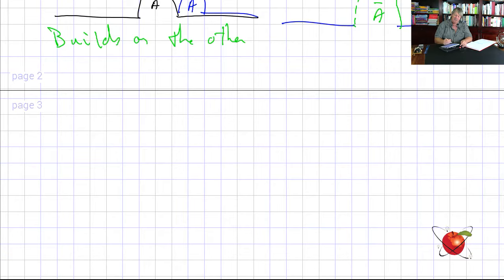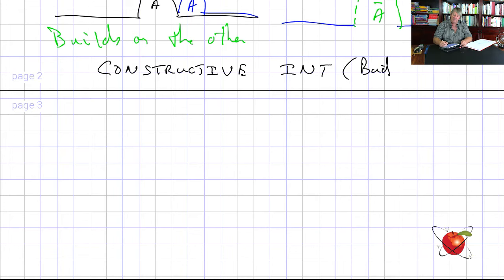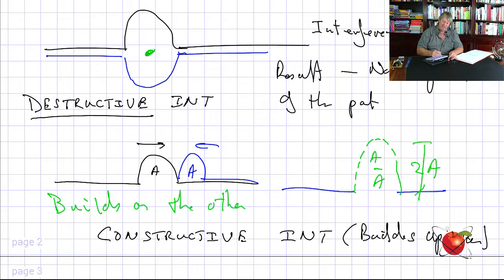It builds up a wave. And the other one was destructive interference. What does it do? It cancels out a wave.